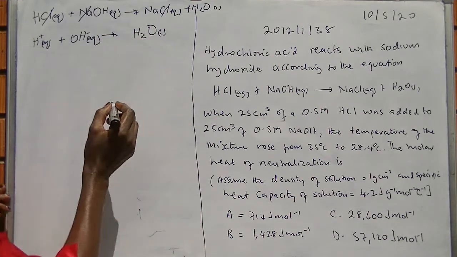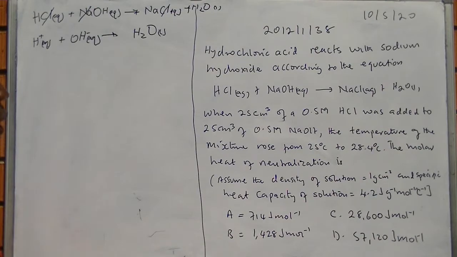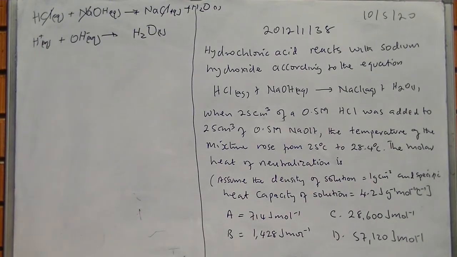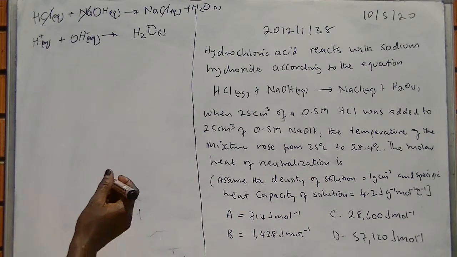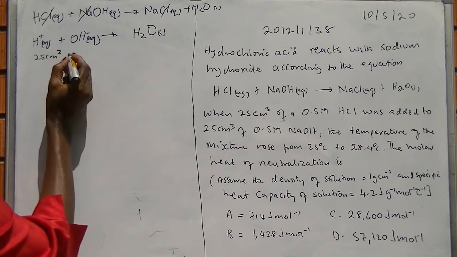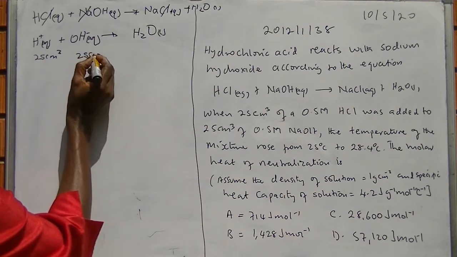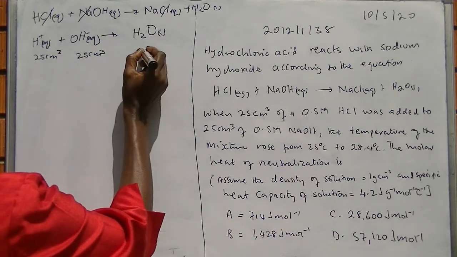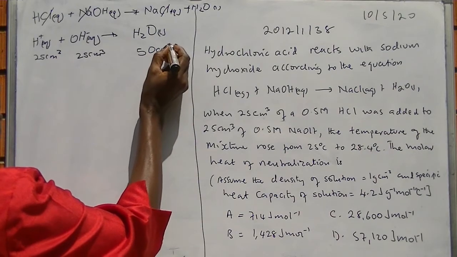Remember the definition of enthalpy of neutralization: when 1 mole of hydrogen ions reacts with 1 mole of hydroxyl ions to produce 1 mole of water. So this is a neutralization reaction. And we are told this was 25 cubic centimeters reacting with also 25 cubic centimeters. So the total volume of the solution is 50 cubic centimeters.